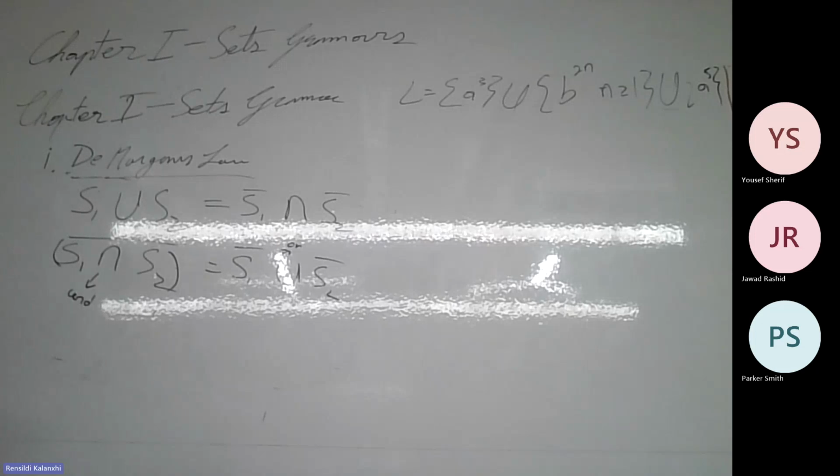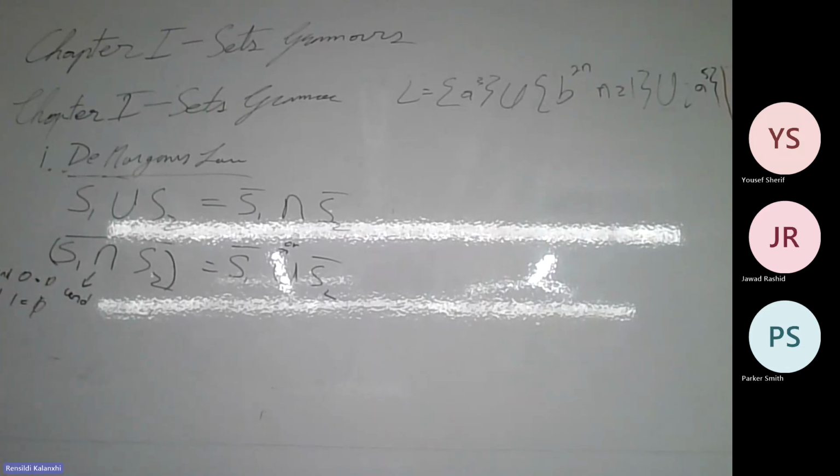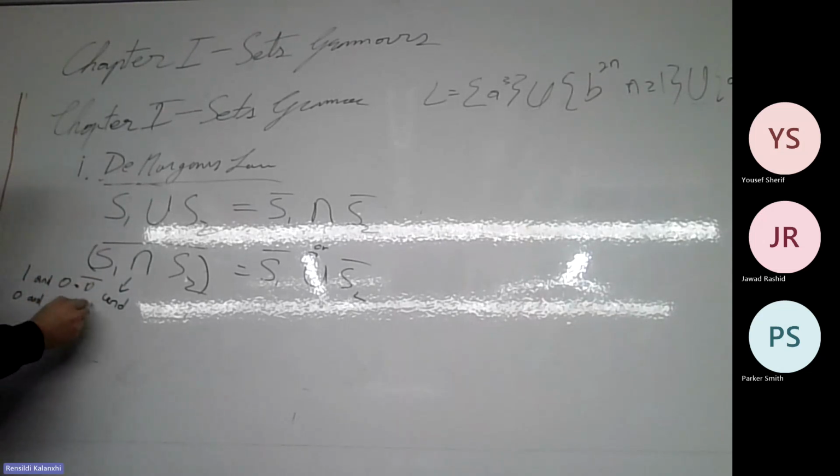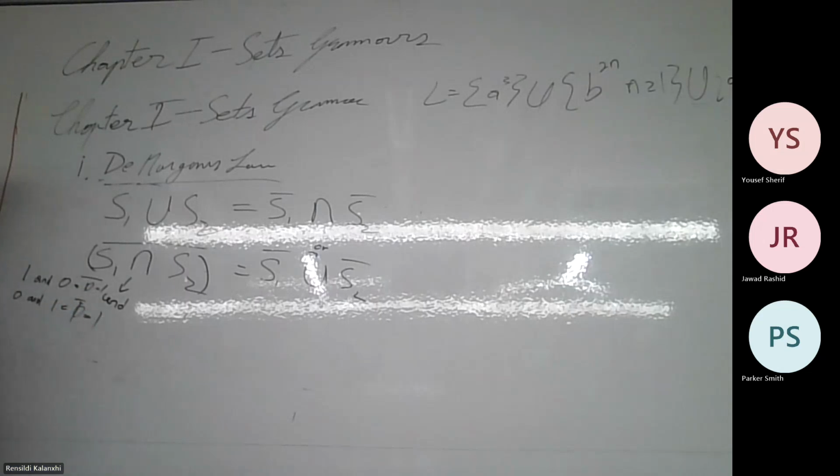So in this one, let's say 1 and 0, and 0 and 1. These both will be 0. And it's everything over naught, so that would be 1 basically.